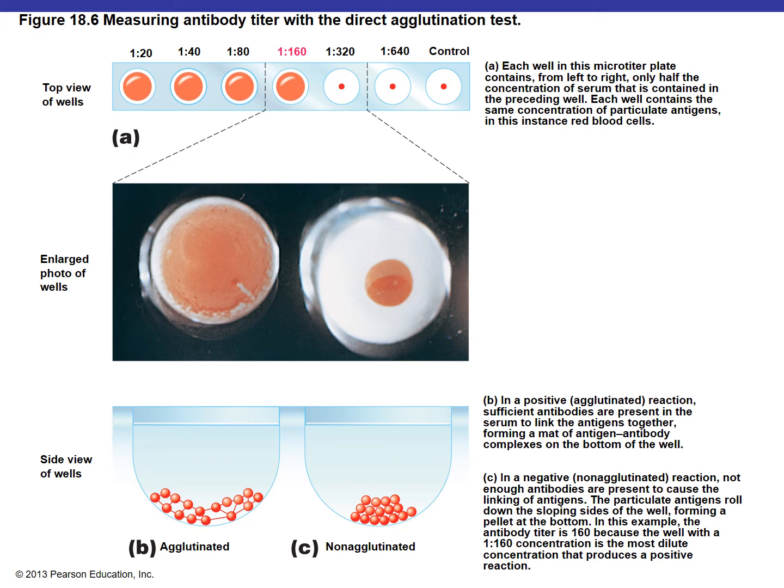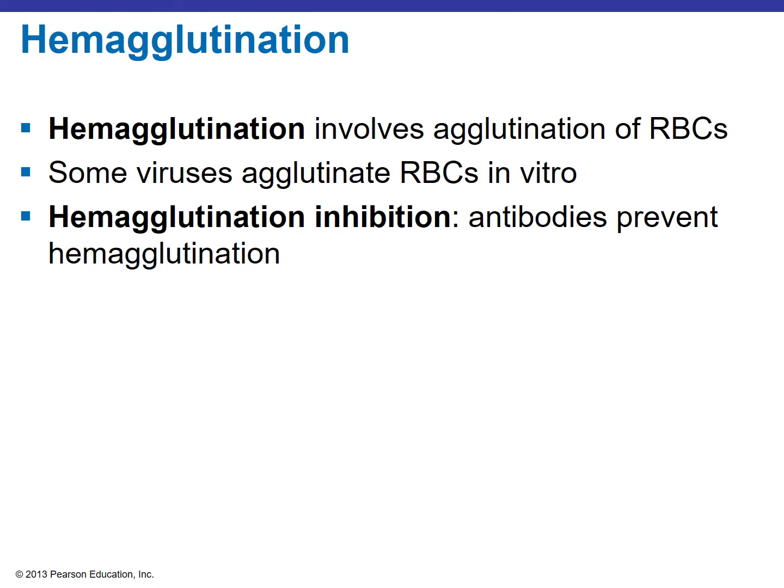So they're non-agglutinated and they all just roll to the bottom of the well. By doing this, you can actually measure an effective antibody titer. That's hemagglutination, when you're looking at the clumping together of red blood cells.